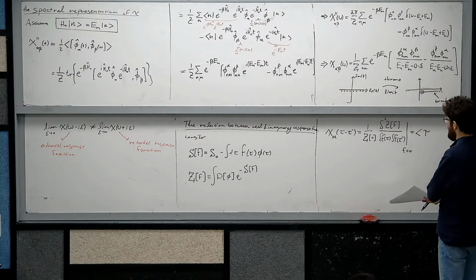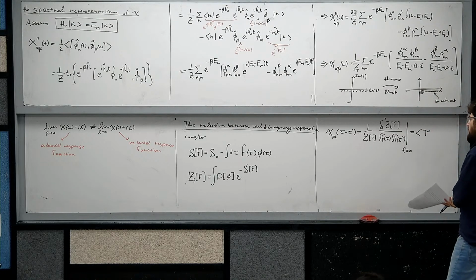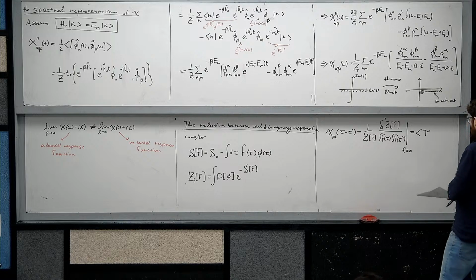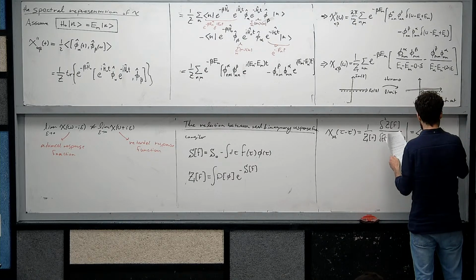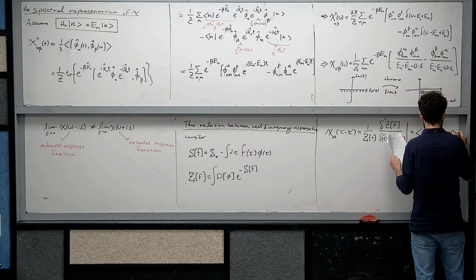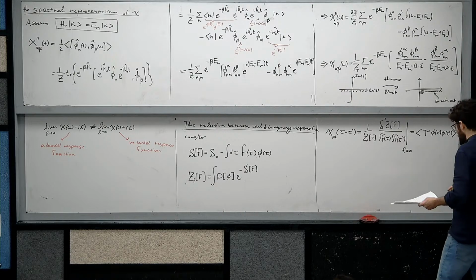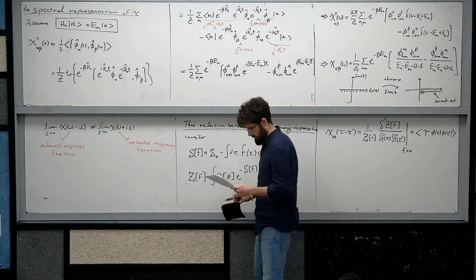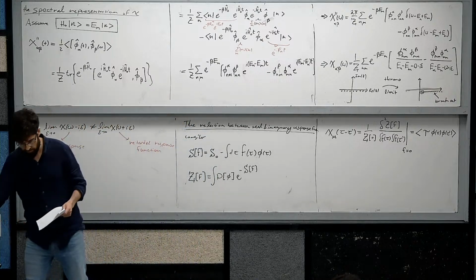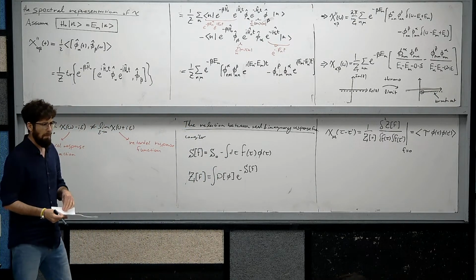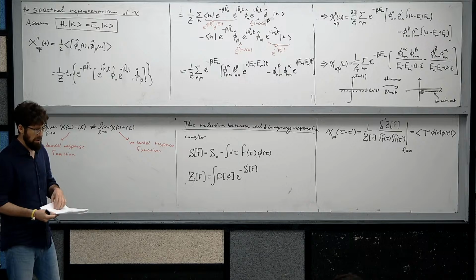This is nothing but the Green's function, basically phi of tau phi of tau prime. We've seen that. Something very similar was in the homework. Yeah, it was completely planned.